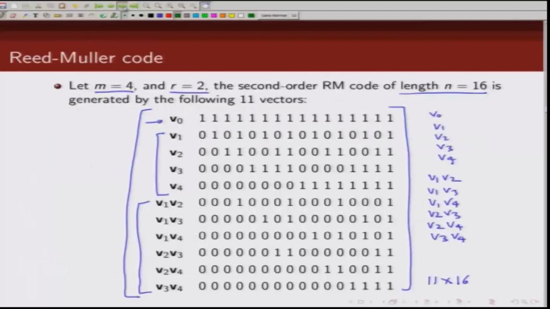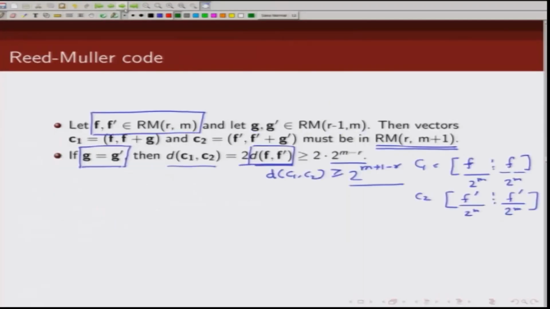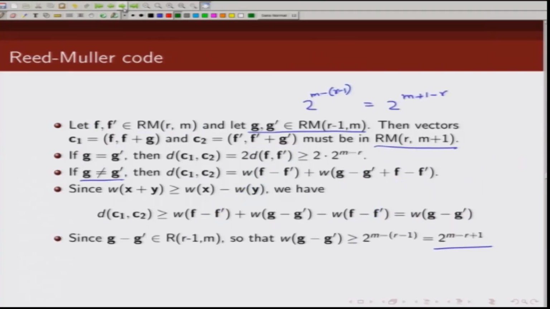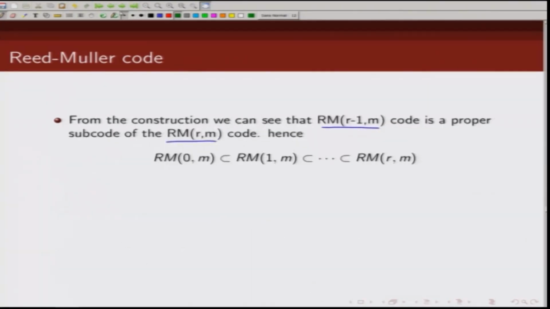So, you can see that smaller order Reed-Muller code is already embedded in the larger order Reed-Muller code. From the construction you can see that a smaller order Reed-Muller code is essentially a proper subcode of a larger order Reed-Muller code. So, this relation holds, and this can be easily seen from the construction of Reed-Muller code.